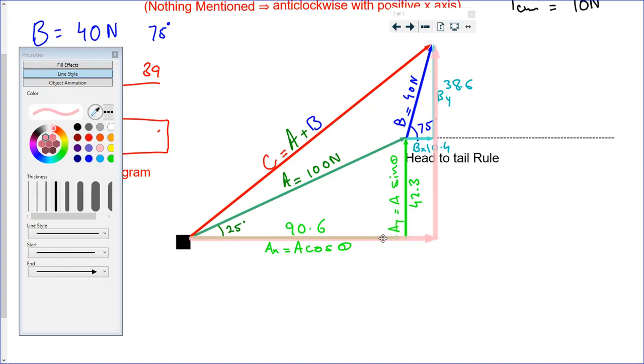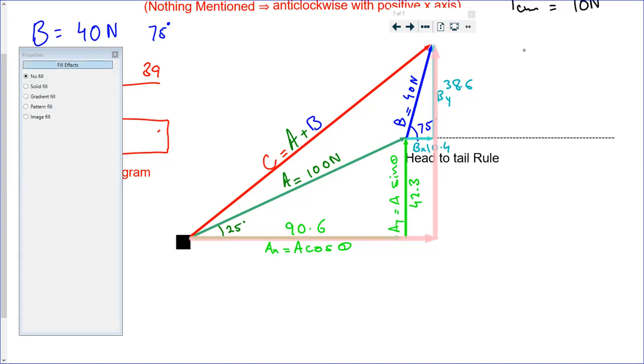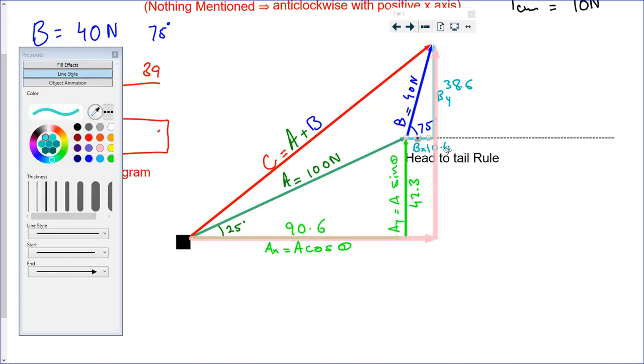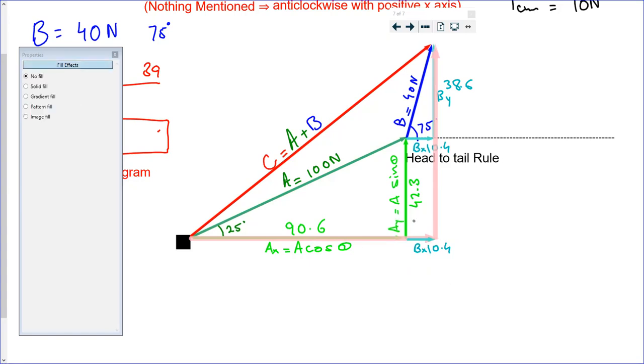So look, if you add that little bx into ax, don't we get the whole pink vector in the x direction? Yeah.